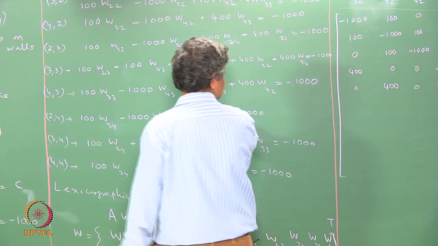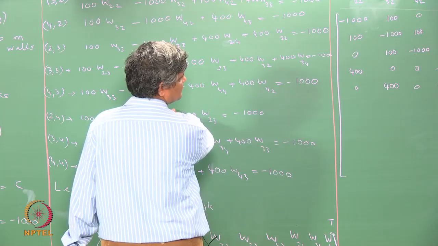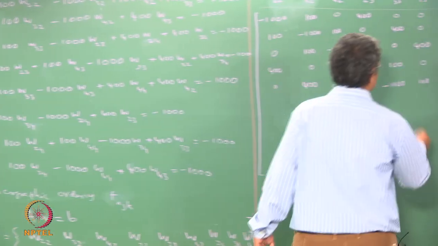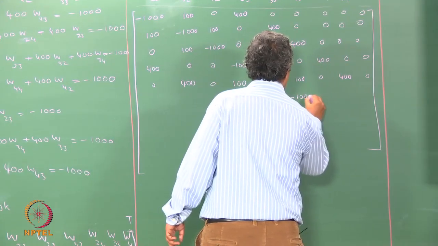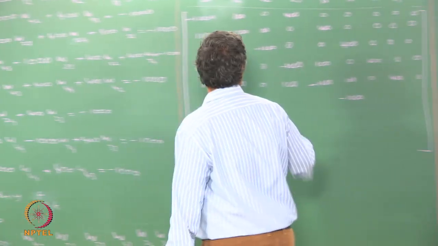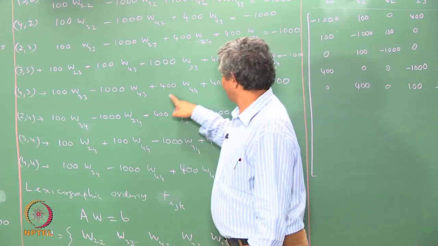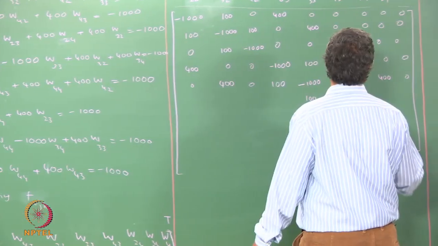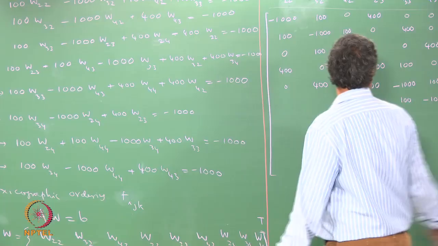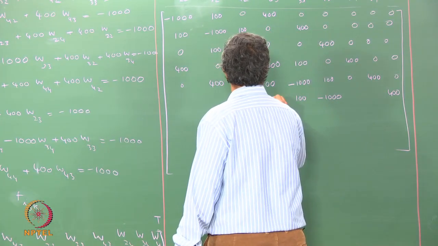Now we come to the 43 equation. Here W43 is minus 1000, W33 is 100, W44 is 400, W42 is 400, others are 0.